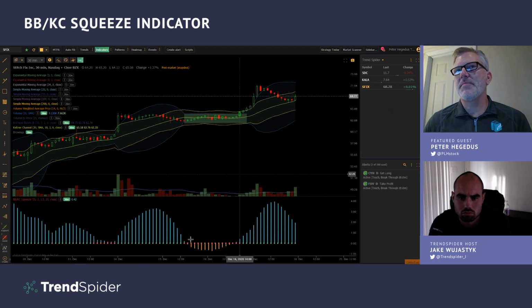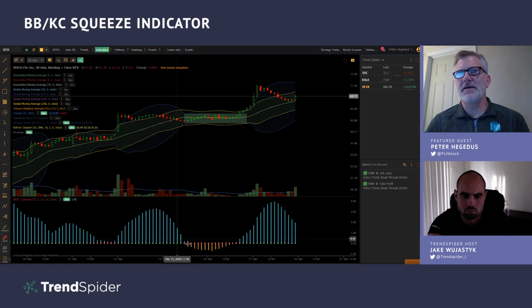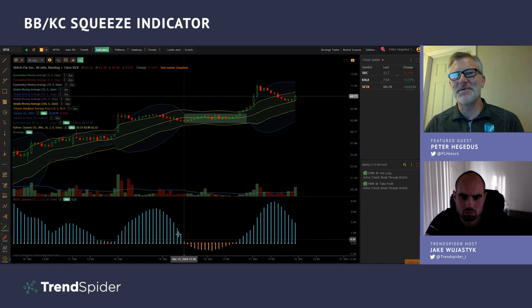But typically, what would happen is you would see something like this, right, where let's say the squeeze started earlier, and I didn't bring a short example with me here, but we could probably find one if we look a little bit. Basically, typically the squeeze wouldn't release as your momentum bars are ascending. It would happen on these descending bars, and that would be a short entry signal.